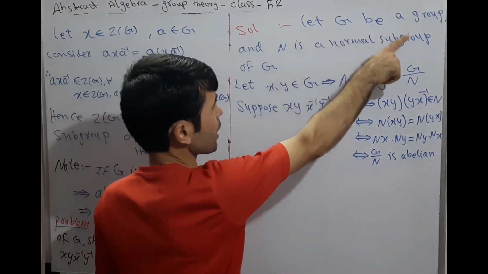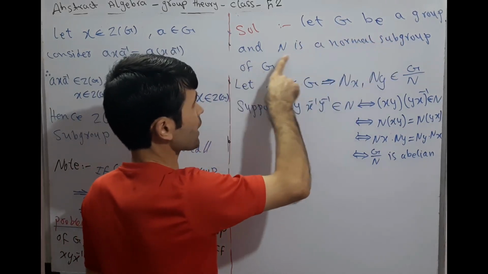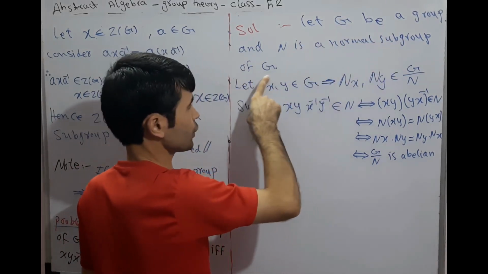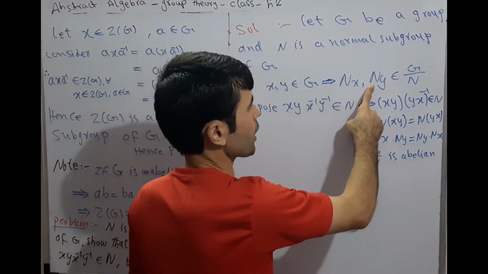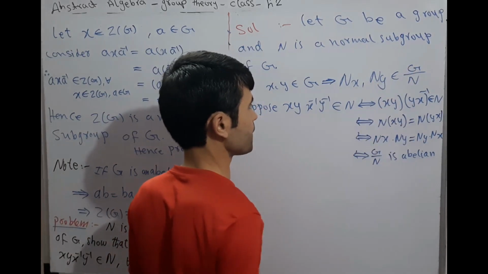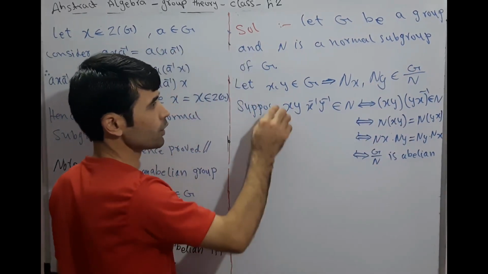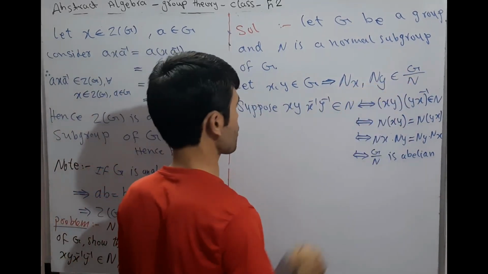Solution. Let G be a group and N is a normal subgroup of G. Let x, y belongs to G. This implies Nx, Ny belongs to G by N. It is the definition of quotient group.